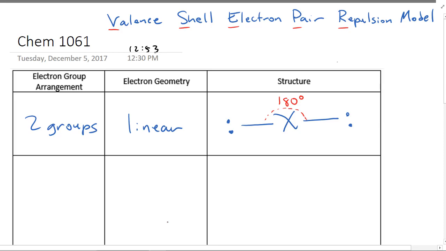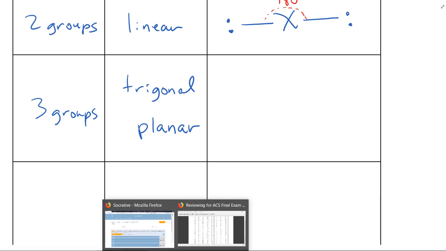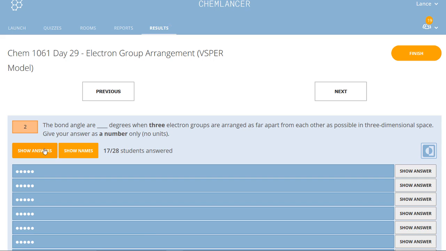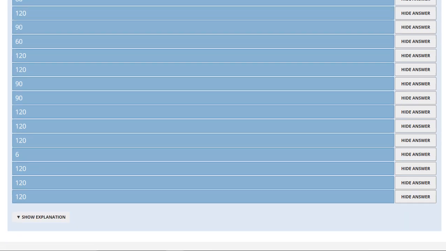If you're looking for a name for this, trigonal planar, good. So with 3 groups, we call it a trigonal planar arrangement. As far as the bond angles go, let's see how we did. The correct answer here is 120 degrees.